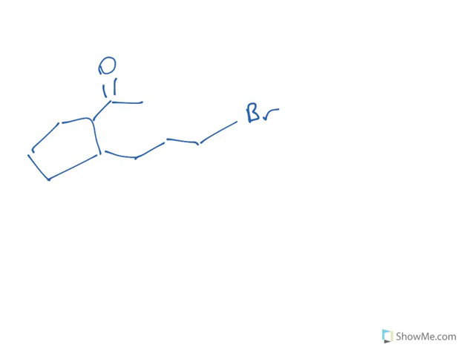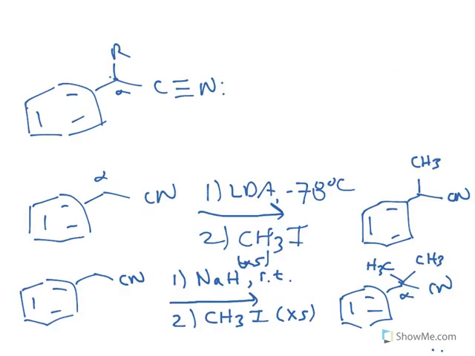So what I can do now is I can treat this guy with LDA at minus 78 degrees C. And what's going to happen there? Let's take a look at this.